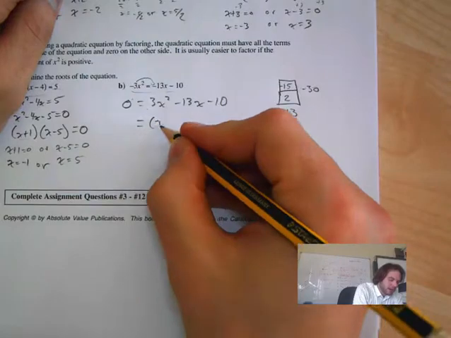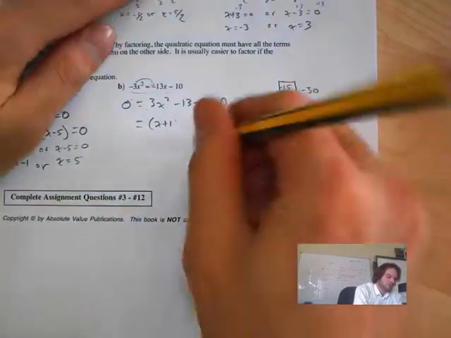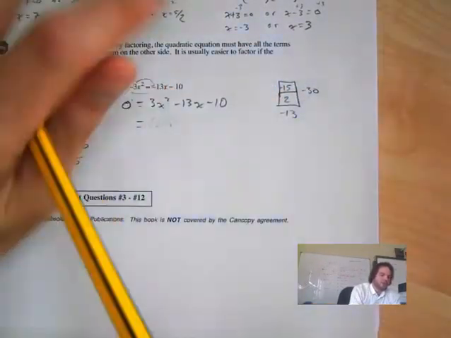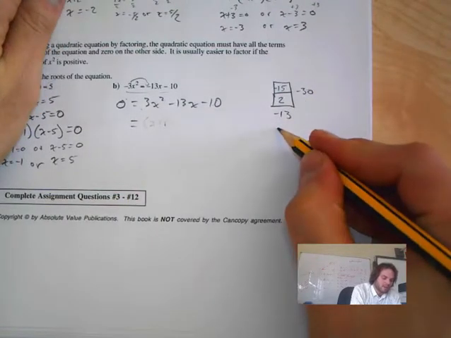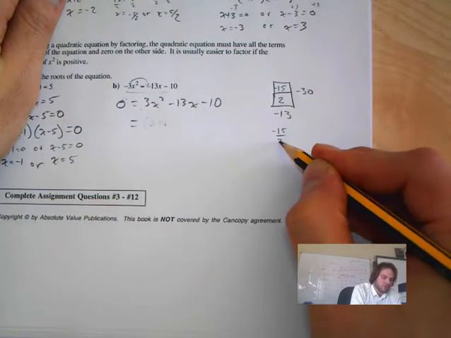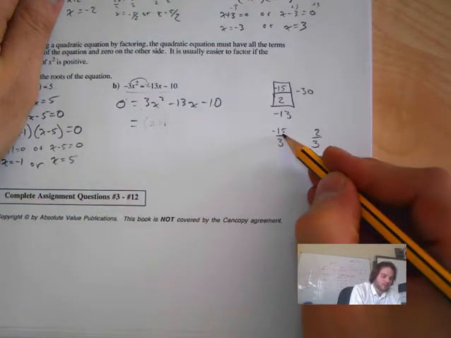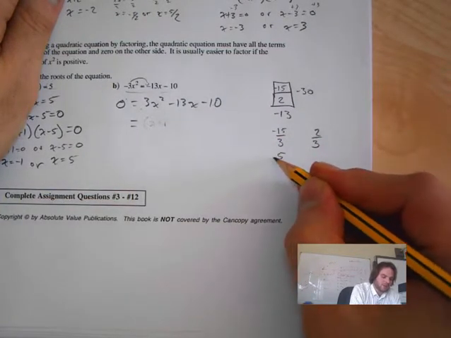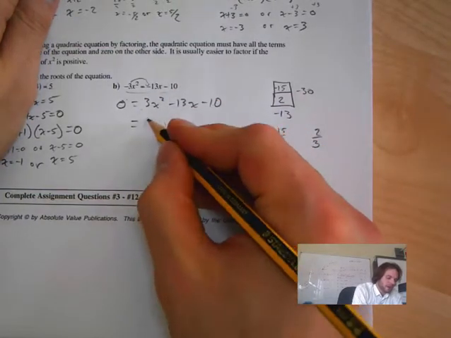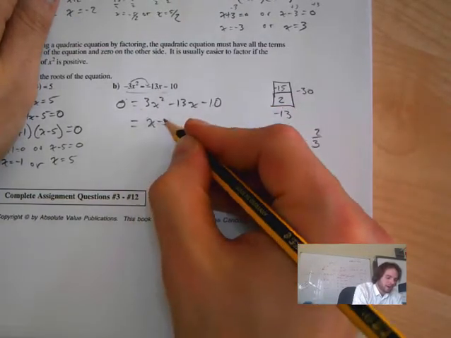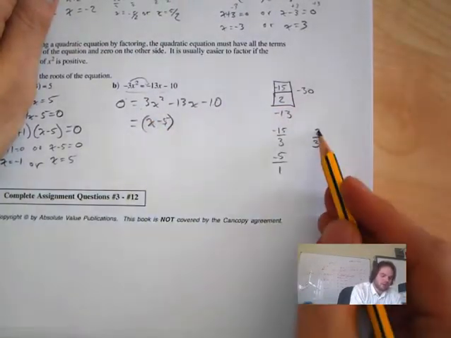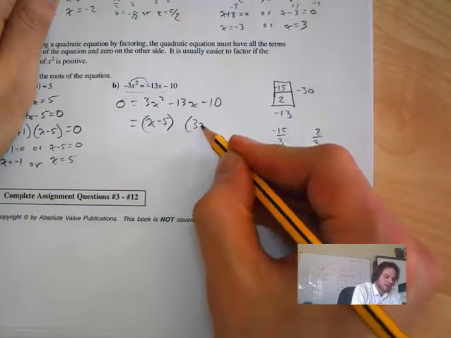So I get x plus 15. Oh, not quite yet. So 15 and 2. So we have negative 15 over 3, and we have 2 over 3. Can this be simplified? That's the same as negative 5 over 1. So I get x, subtract 5, and here we're going to get 3x plus 2.